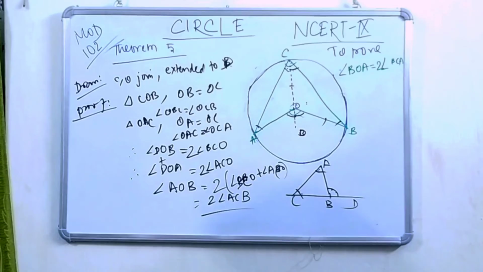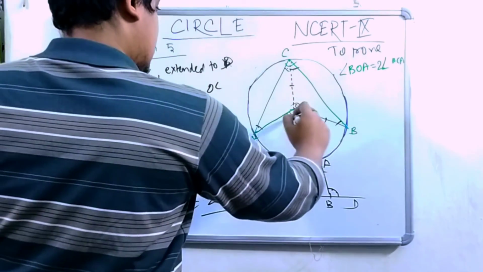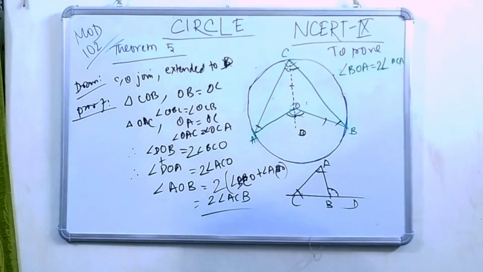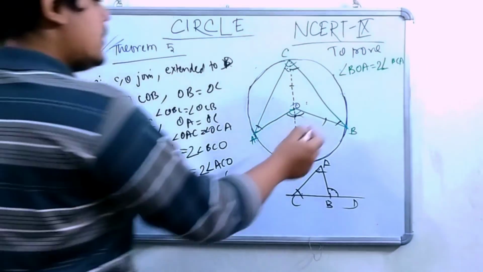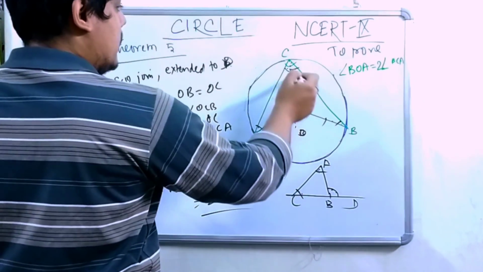I hope I have proved it in an alternate way. So this angle is twice that one. Again I repeat what I did: I first found that these are radii, so these angles are equal.